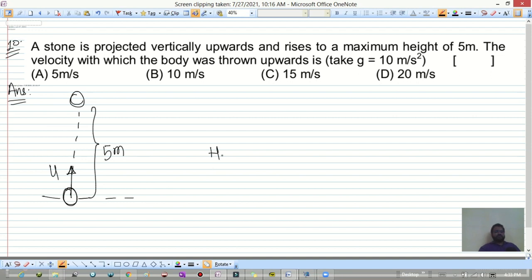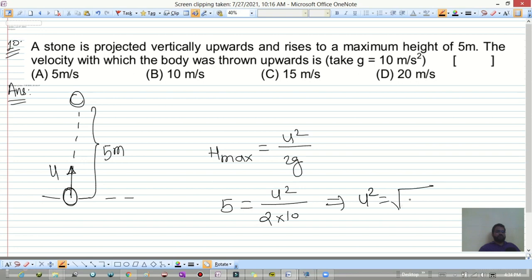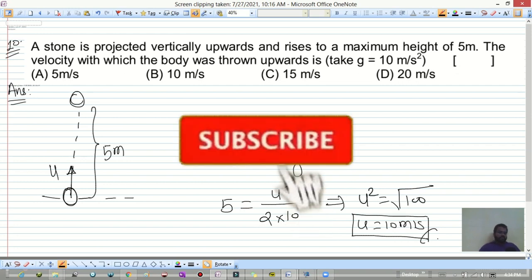We know the maximum height formula, that is u squared divided by 2g. Maximum height is 5 is equal to u squared divided by 2 into g is 10. So from this, u squared is equal to 100. What is u then? 10 meter per second. So I hope all these questions are clear to you all.